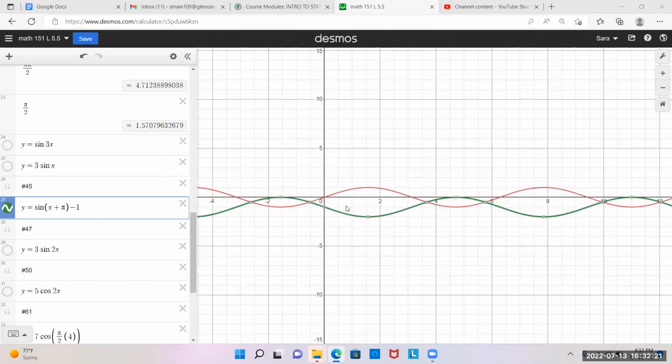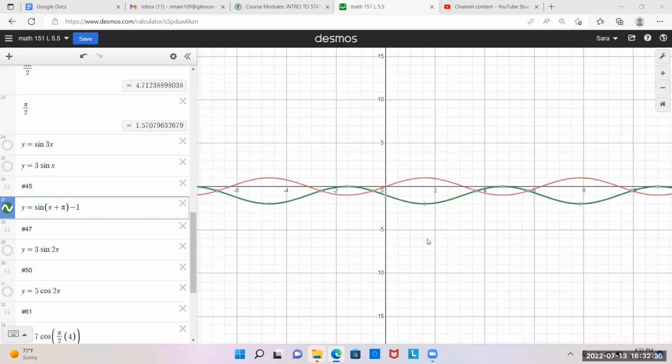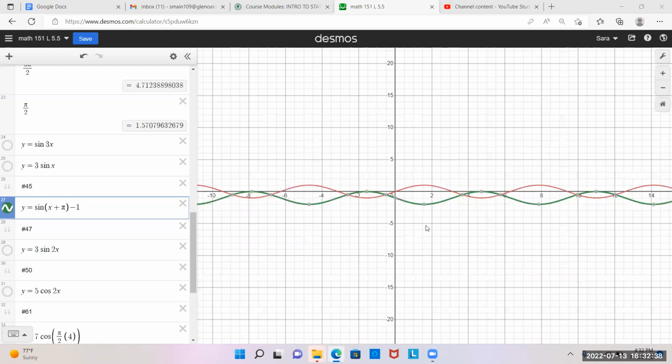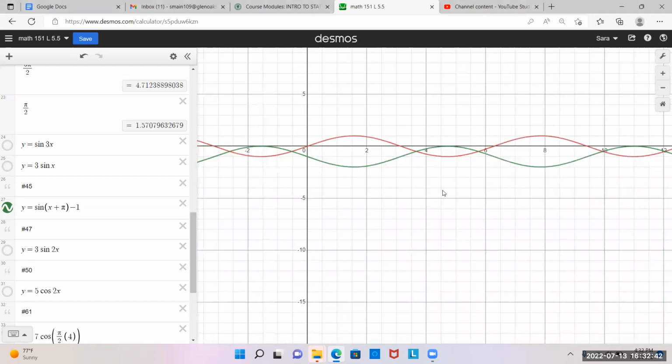You can see that the green one is shifted down. It's at a -1, and then it goes down and comes back up again. I'd have to change my scaling to get it to look just like it does in the book. Now, let's look at 43.